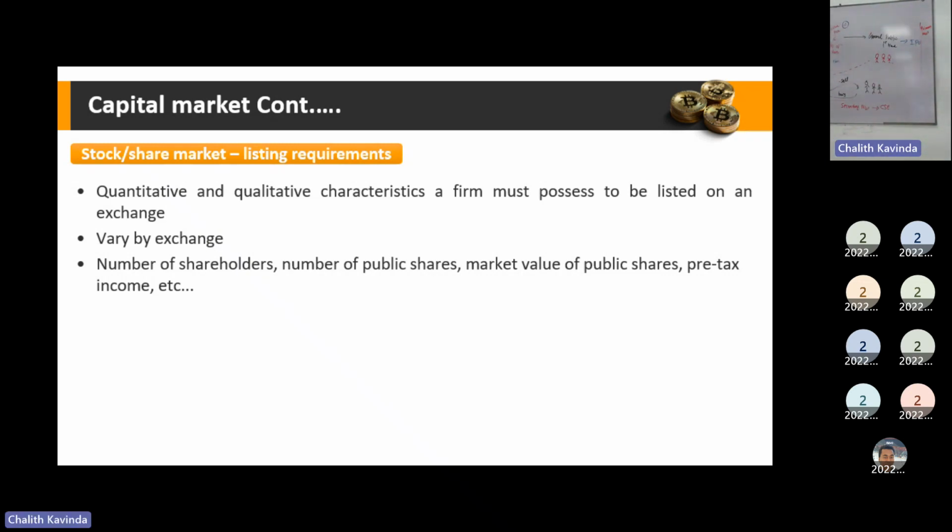Nearly 3 years. You need to maintain profit before tax. For example, let's say you are going to get listed on the Colombo Stock Exchange in 2023. Before that, for 3 years, you need to show your profit before tax. Profit before tax must be there, and also tax.